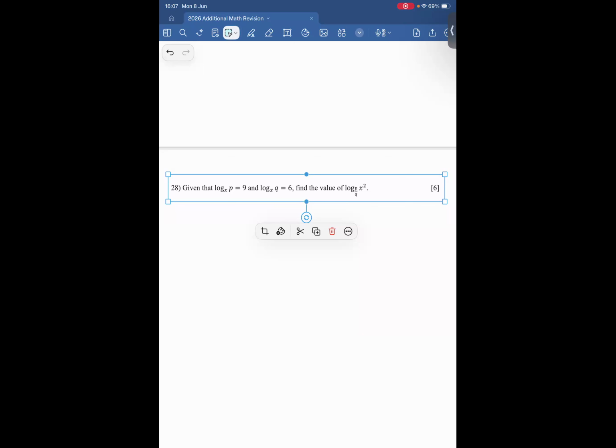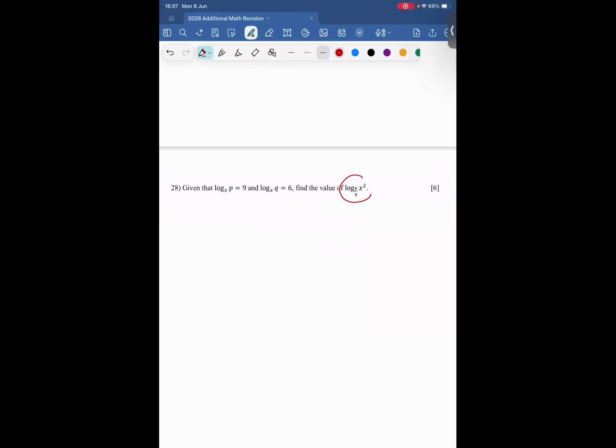Okay, to make life easier for yourself, I give you a clue. This one change to base x. Don't try to change these two to base p over q. It will be crazy. Change this to base x instead of changing those two to base p over q.